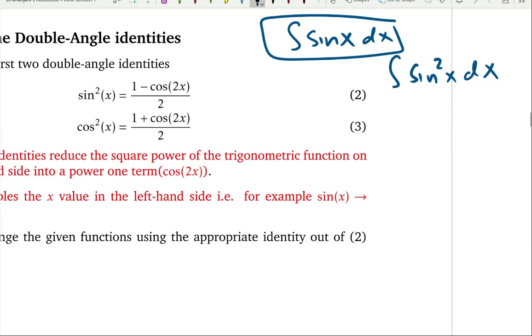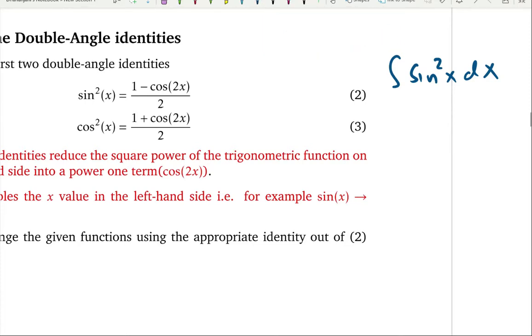But to integrate sine square or sine to the power 4, any trigonometric function with a power greater than 1, is very difficult. That is where we have to use these identities, Pythagorean identities or double angle identities. Now, the biggest question is, given a trigonometric function with a power greater than 1, which identity should I use? Is it the double angle identity or the Pythagorean identity? That's a big question.